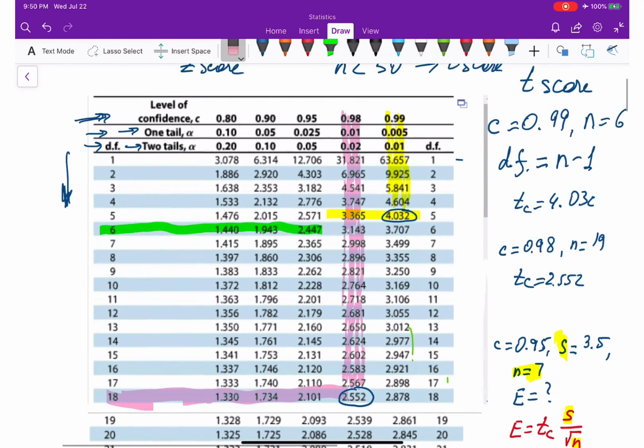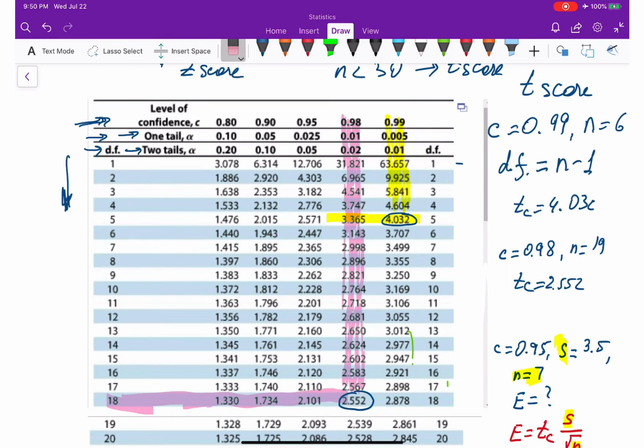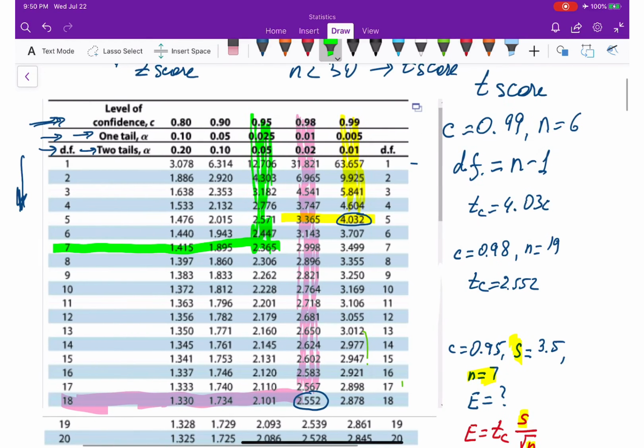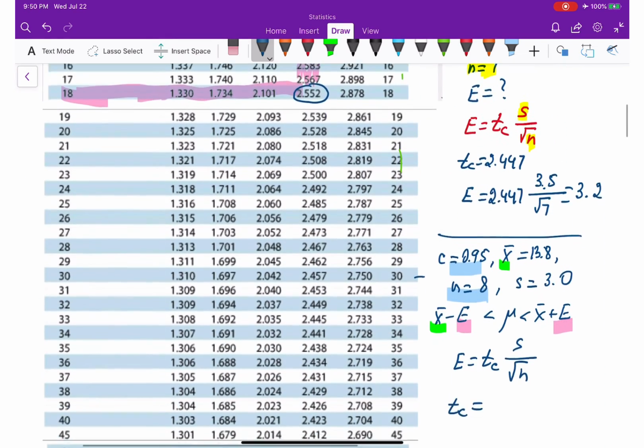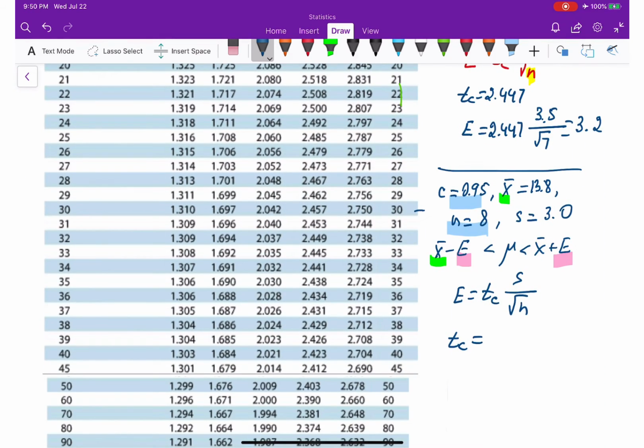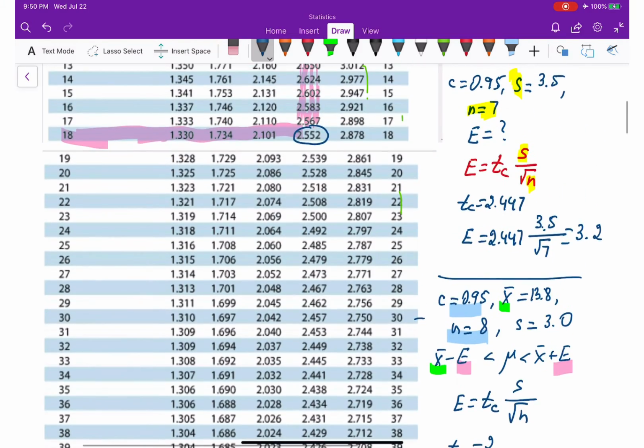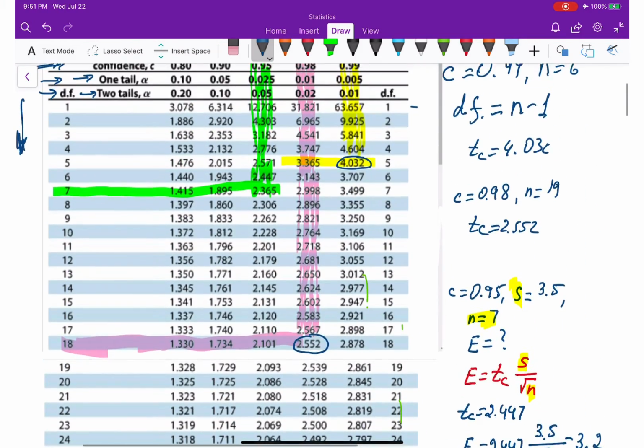One second. I was staring at previous problem. 7. 2.365 looks like. 2.365. Okay, so our T critical is 2.365.